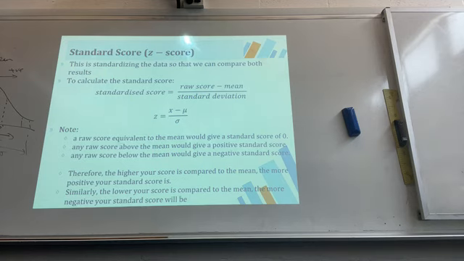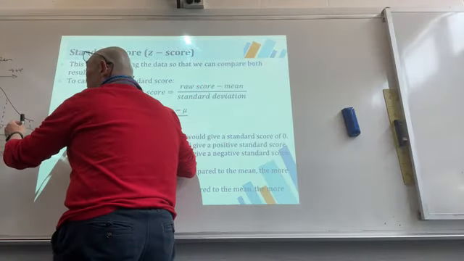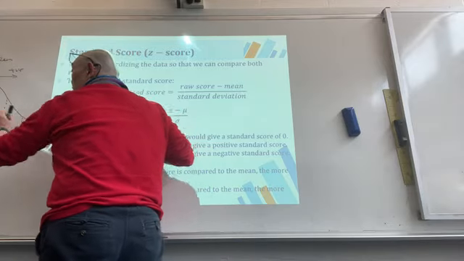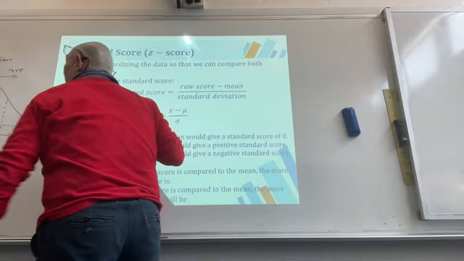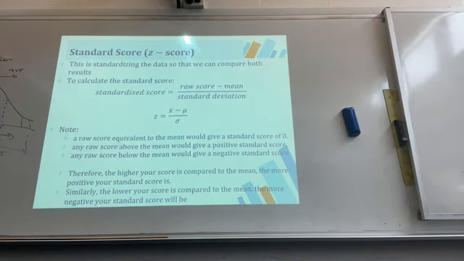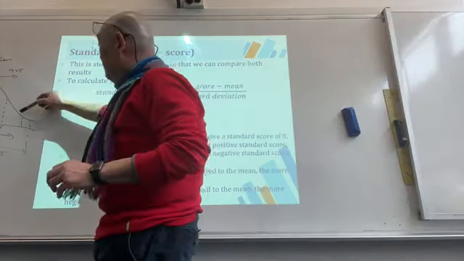The lower your score is compared to the mean, the more negative your standard score will be. Which means, if you go higher and higher, you have improved, you probably have got better results. And if you go lower, you would have not as good a result. So if you think about this sort of distribution in terms of exam marks, you will want to try to get as high as you can. Alright?